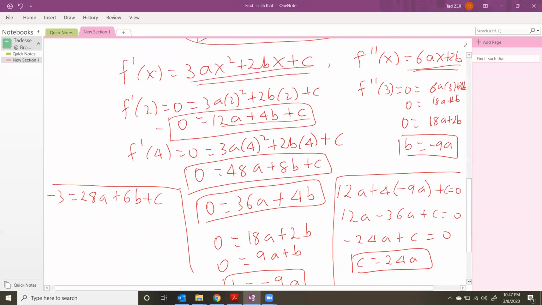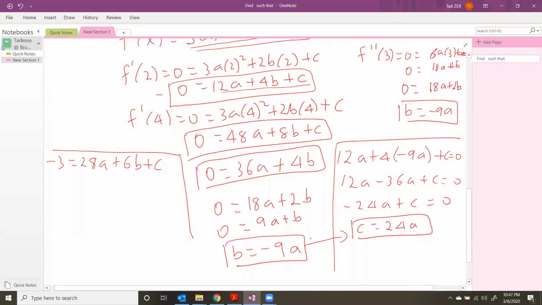Let me just copy it here so you guys can see the equations. Now I'm going to plug in what b and c are. So negative 3 equal to 28a plus 6 times b, which is negative 9a, plus c, which is 24a. So now everything is in terms of a. I can solve for a now. So this is negative 3 equal to 28a plus negative 54a plus 24a.